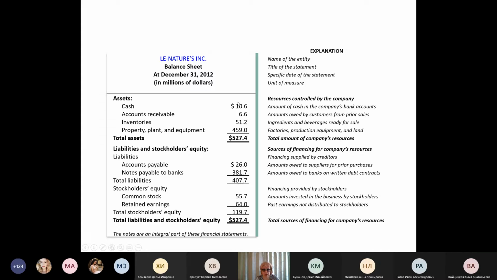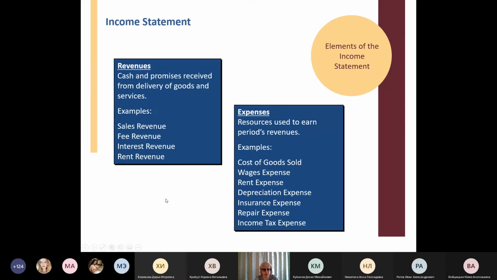This is an example of the balance sheet. We have 4 lines of heading: name of the entity, title of the statement, specific date, and unit of measure. And this is the typical example of the balance sheet: assets, liabilities, stockholders' equity.